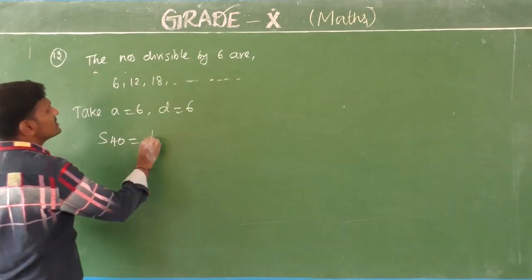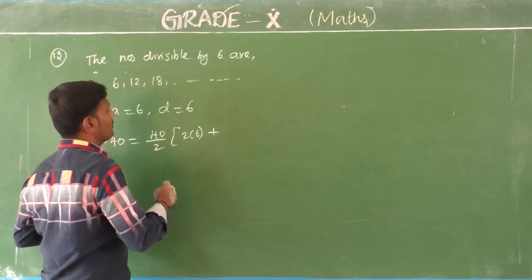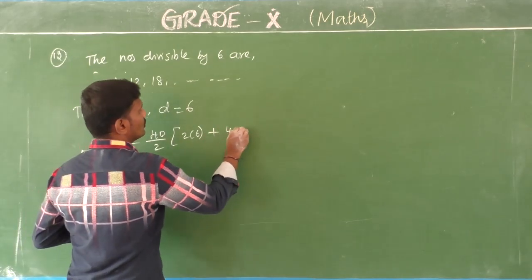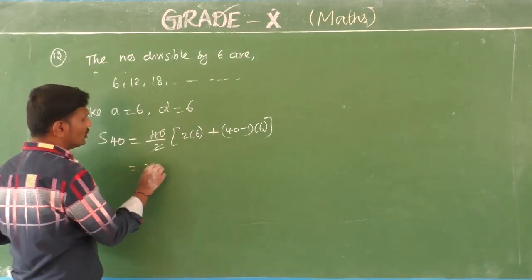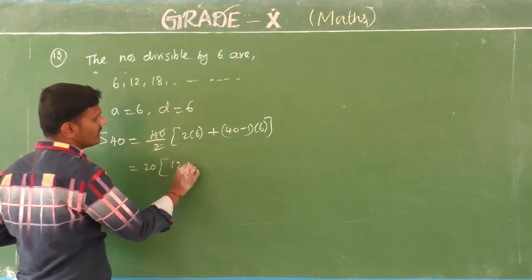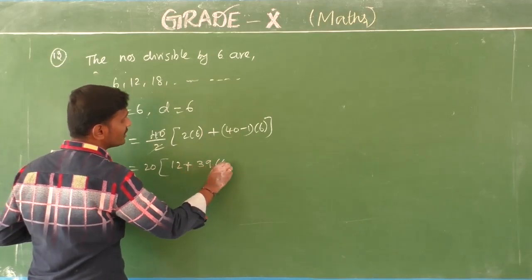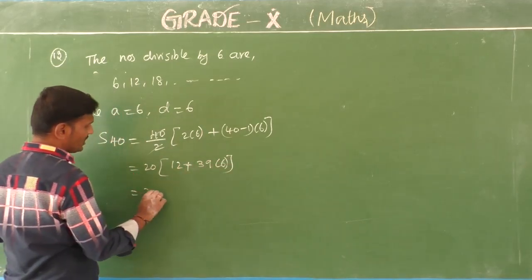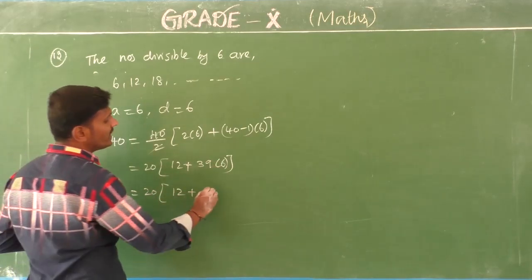So S40 is equal to 40 by 2 into 2 into 6 plus n is 40, so 40 minus 1 into 6. So here simplify this. 20 into 6 2s are 12 plus 30. 40 minus 1 is 39 into 6. Now the simplification: 20 into 12 plus 6 9s are 54.